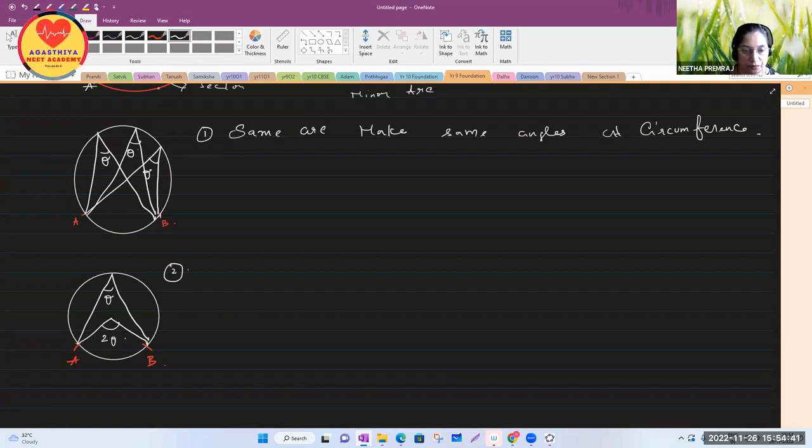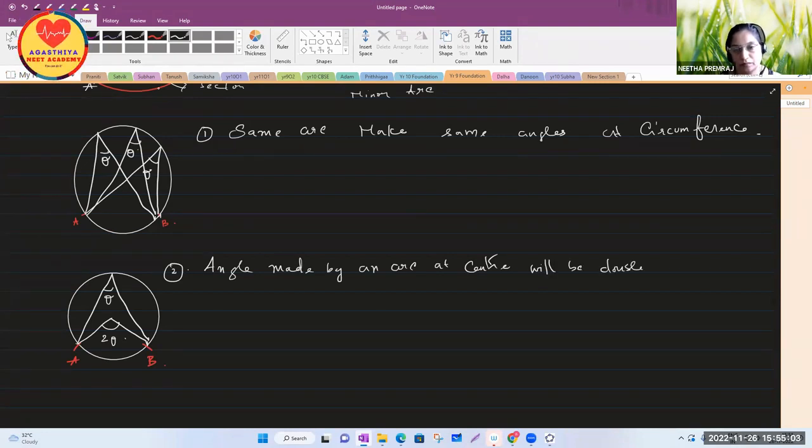So concept 2: the angle made by an arc at the center will be double the angle the same arc makes at the circumference. Okay, make a note of it.